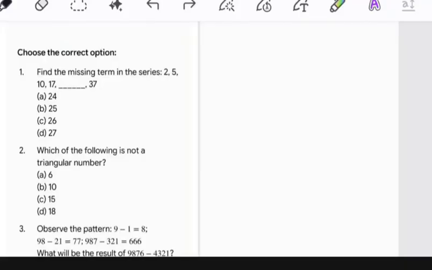So 2 plus 3 is 5. Then the second number 5 plus next odd number 5, that is 10. Next number 10 plus 7, that is 17.